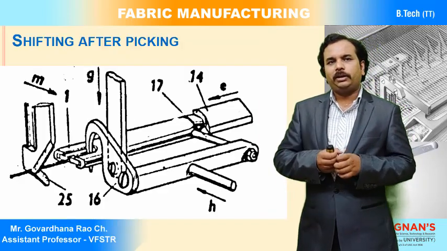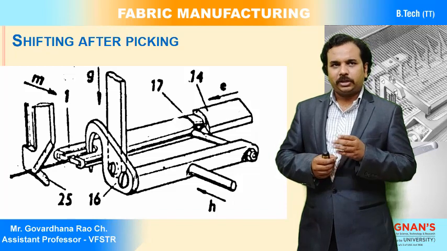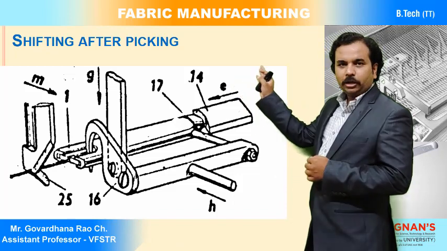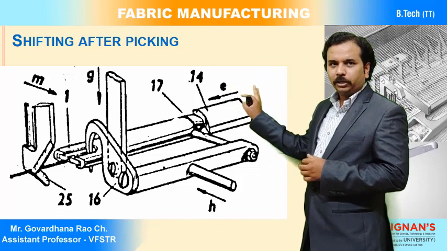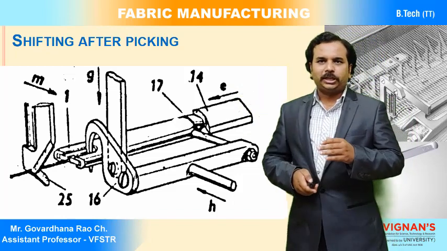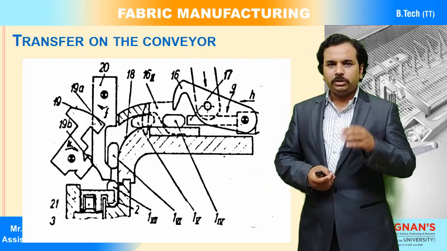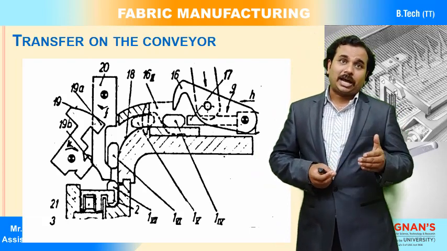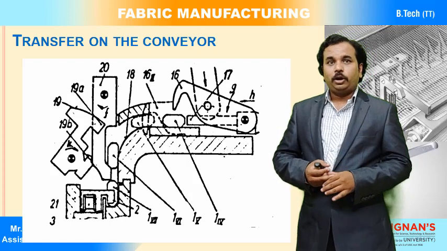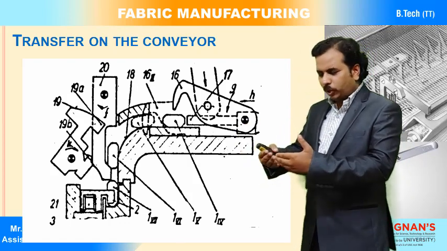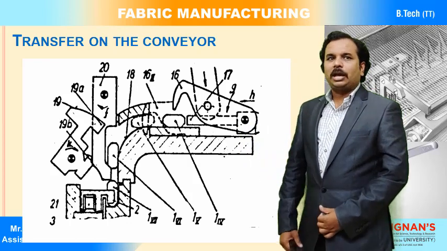After that, what will happen? After the projectile arrives, I told you there are grippers and the projectile is going to be opened. After opening, the projectile is going to be transferred onto the conveyor chain. Now you can see the transfer on the conveyor. Once it has released the weft yarn, the projectile is sent to the conveyor belt.